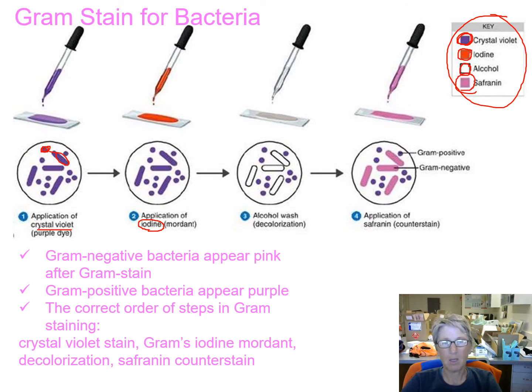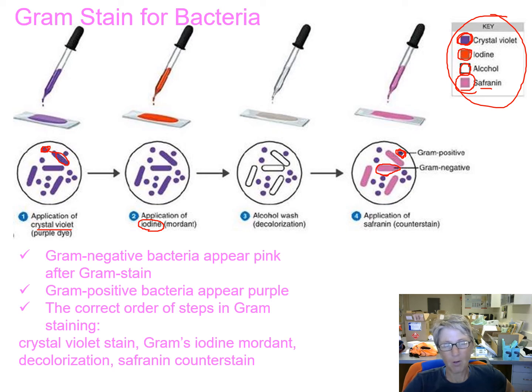Well, you'll decolorize the gram-negative bacteria. And then you'll stain with this safranin, which will stain the gram-negative bacteria pink, while the gram-positive bacteria, because they have that thick peptidoglycan, will retain the crystal violet dye even after trying to wash it out.